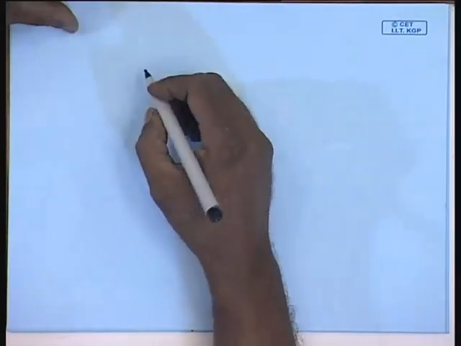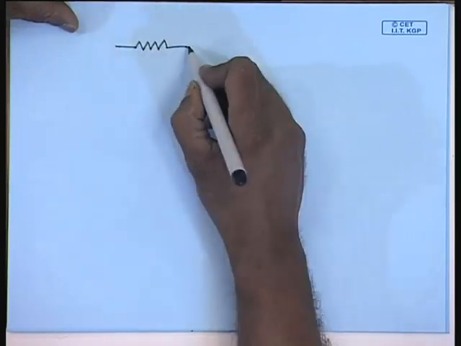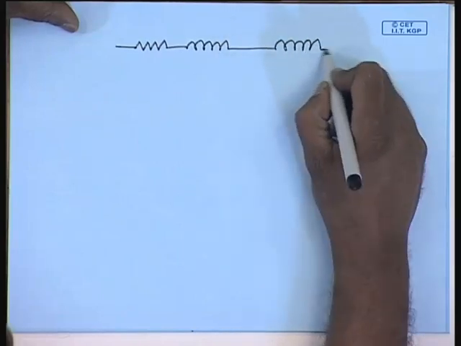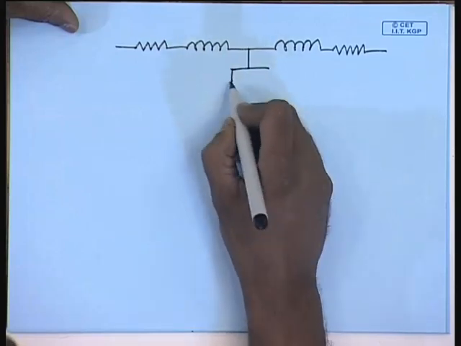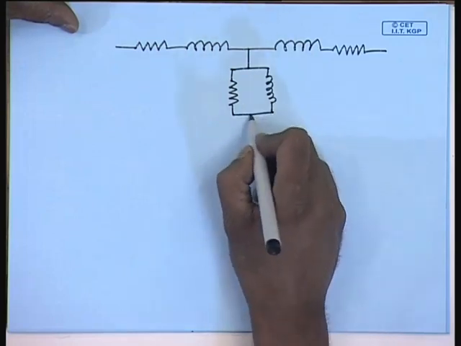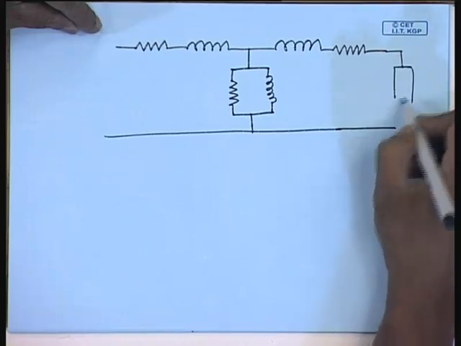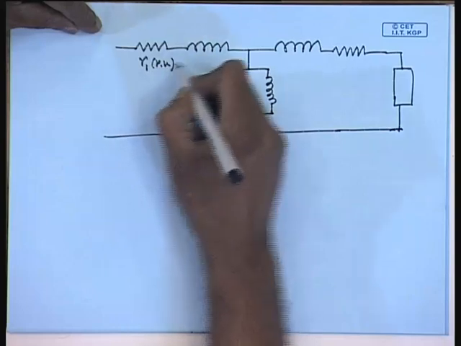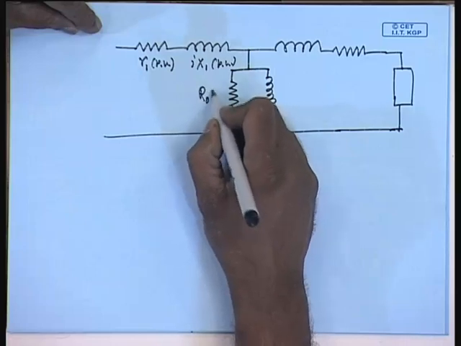Therefore, the per unit exact equivalent circuit will be similar to our familiar exact equivalent circuit, except that now all parameters and all variables are expressed in per units.